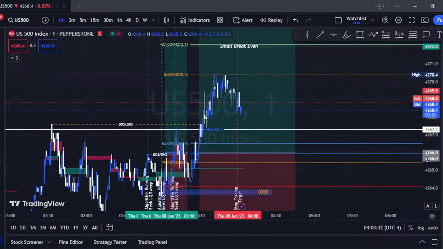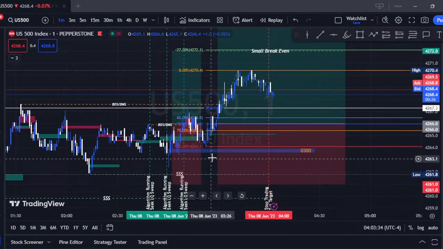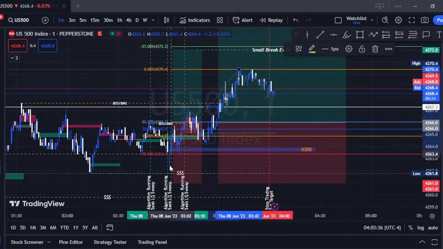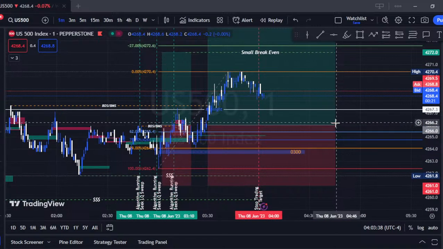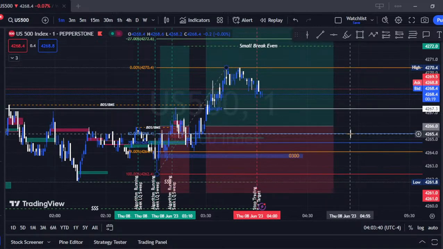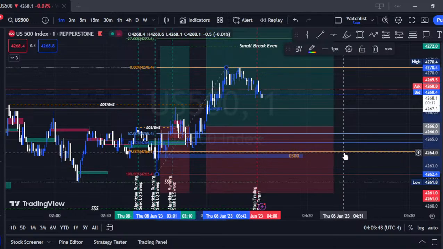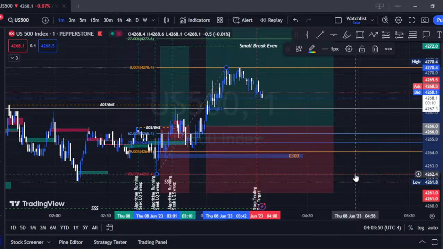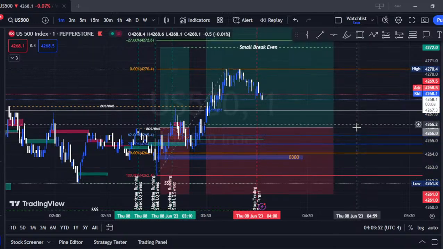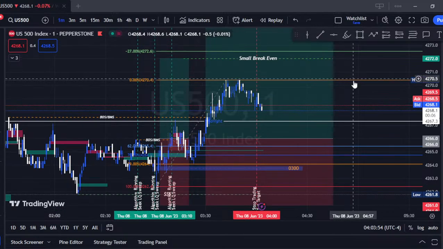As you can see, this is going to be the OTE, the smaller version of the OTE here. So these blue lines are the entry until this orange line is the last point entry. This red is the stop loss, and this orange is the break even.